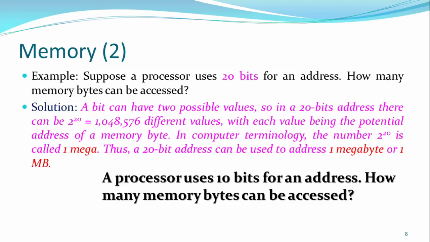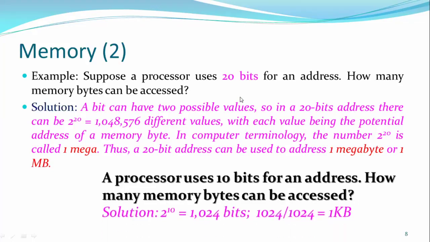Does it make sense? So this is the concept. Please do not forget, it will really help in understanding the next lecture. Are you listening? So this is how you calculate.